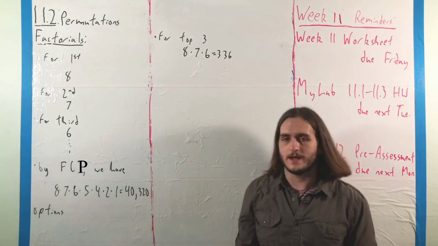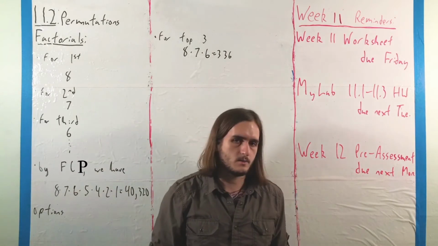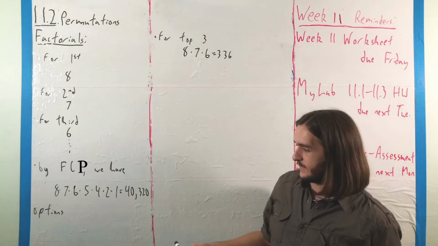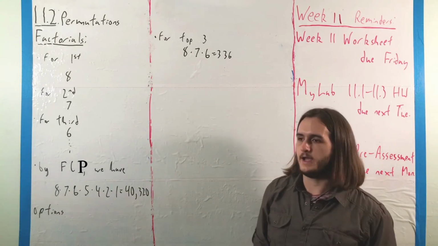That's nice. It's not too hard for 8, but even there, you saw that if I'm going to go through every single case, it takes a little while, and if I had more than 8, it'd be really clunky to write that out, and it'd be even clunkier to multiply it.